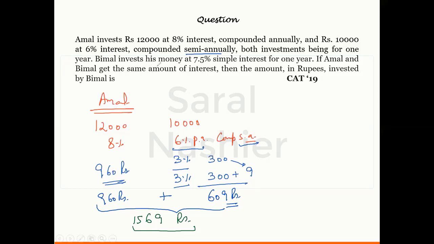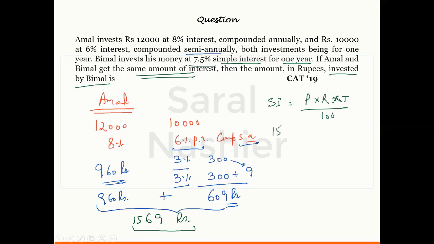Bimal also gets the same amount of interest, that is 1569. At simple interest, rate is 7.5%, time is 1 year. We have to find out the principal invested by Bimal. So let's go by the direct formula of simple interest, which says P into R into T divided by 100, right?